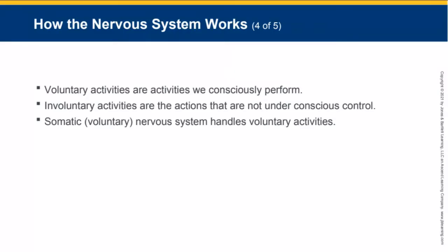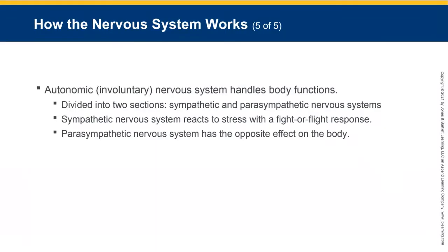The somatic deals with voluntary movement. The autonomic deals with involuntary functions. So the autonomic is the involuntary nervous system, and it handles body functions. It is divided into two sections.